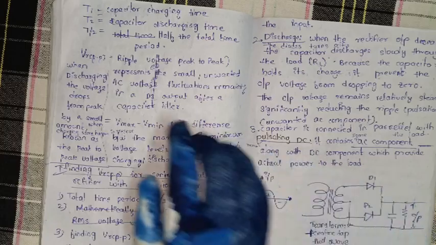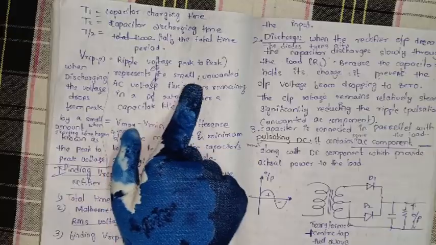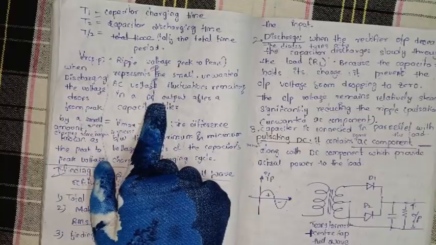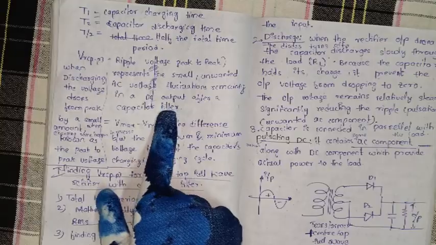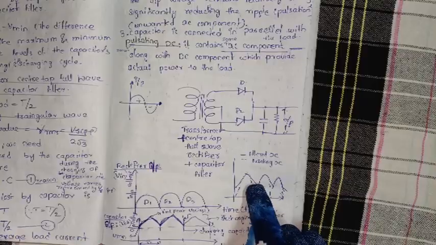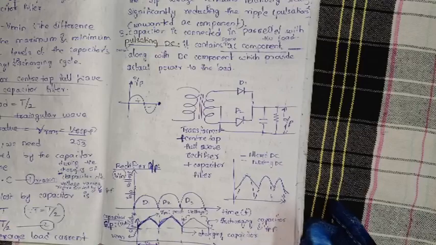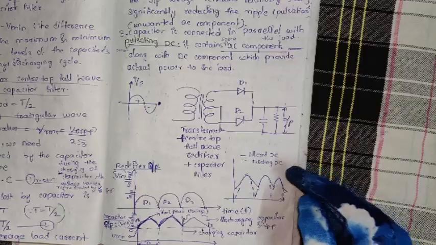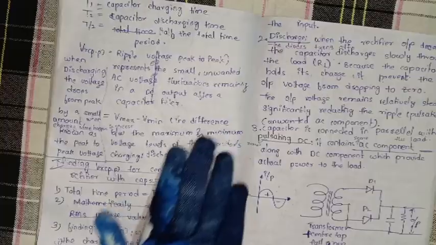And then we will see what is ripple voltage peak to peak. It represents the small unwanted AC voltage fluctuations remaining in a DC output after a capacitor filter. Here I will show you. These are the fluctuations, means ups and downs.